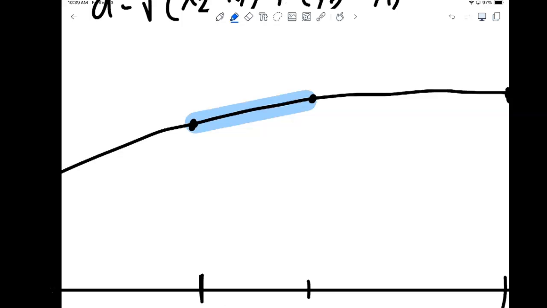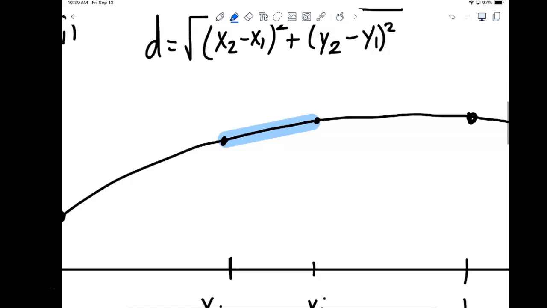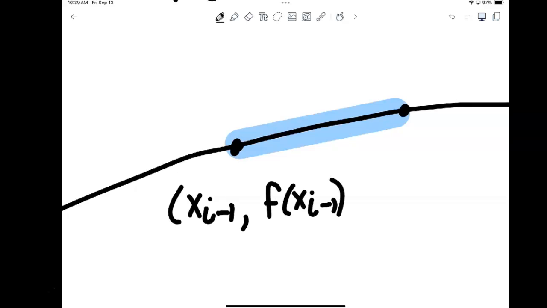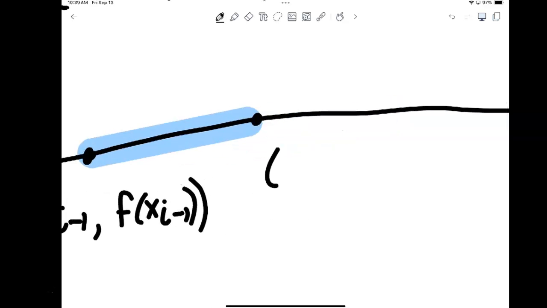And we can find that length because this point up here would be the point x sub i minus 1, comma, f of x sub i minus 1. And this point over here would be x sub i, comma, f of x sub i.